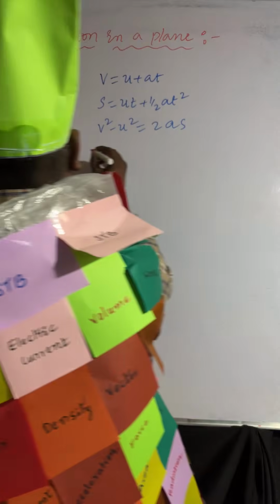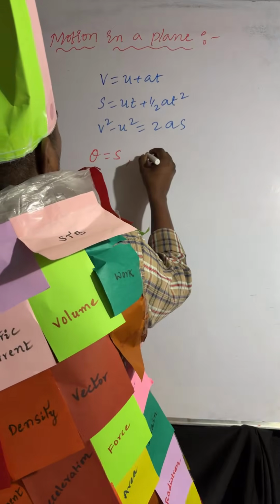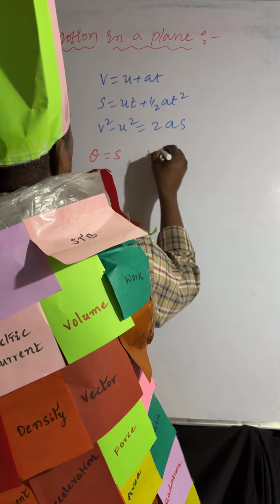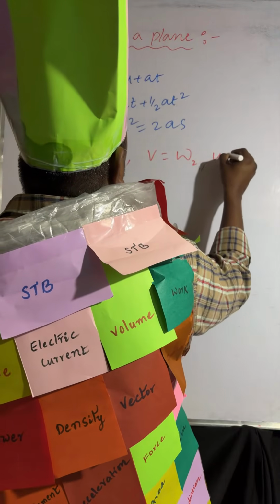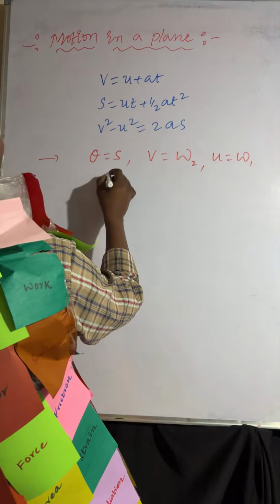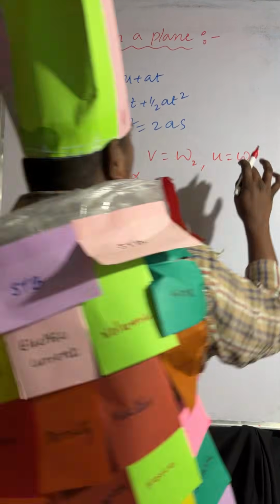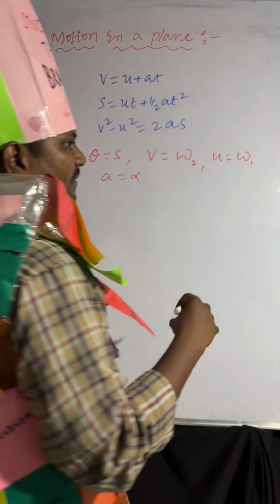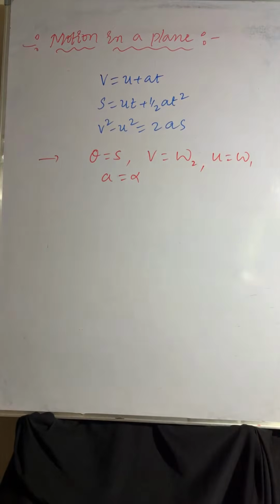In circular motion, theta equal to s, v equal to omega 2 (final), u equal to omega 1, and a equal to alpha. Anyway, t is the same always. So those quantities we are writing in the form of angular quantities.